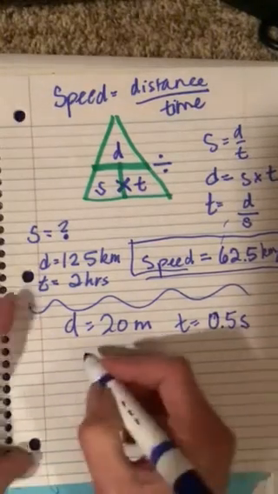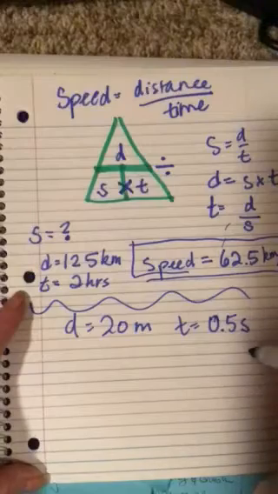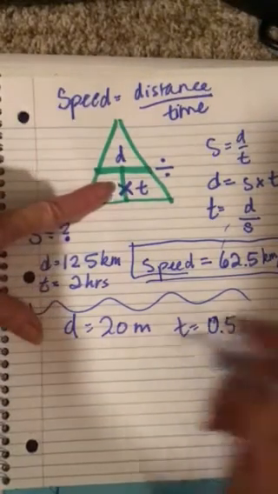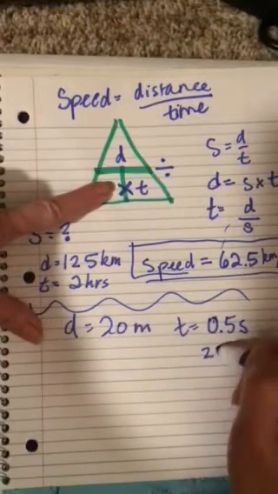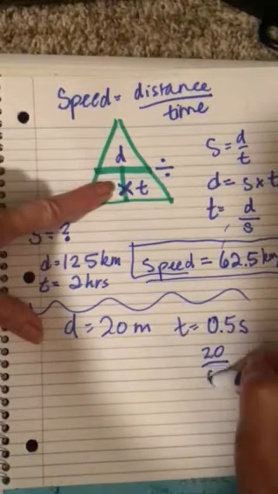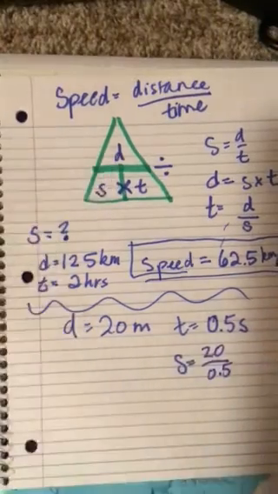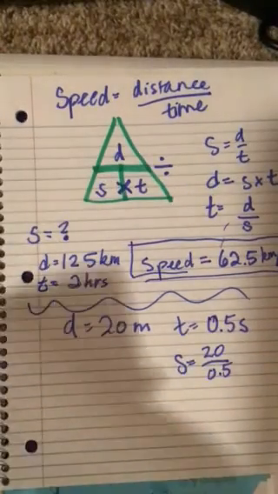So we know that if we're looking at the formula triangle, we're calculating for speed, so we need to take our distance, 20, and divide it by 0.5 to get the speed. So let's get our calculator again.